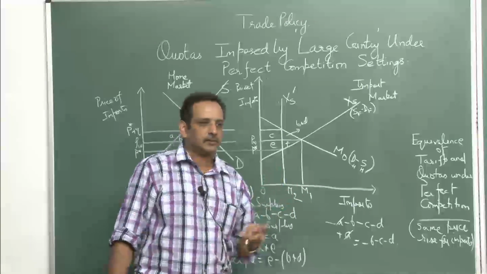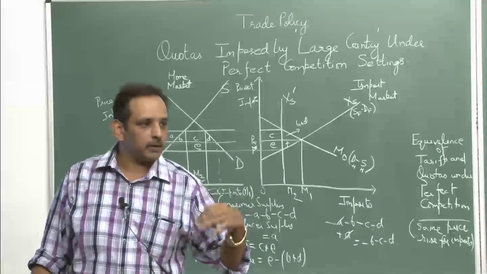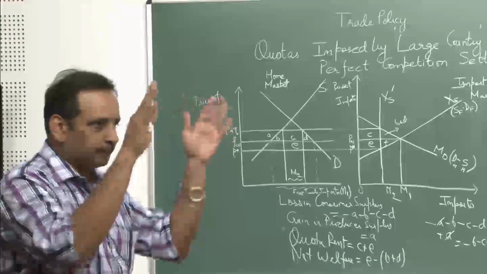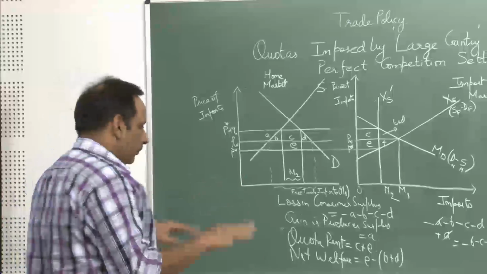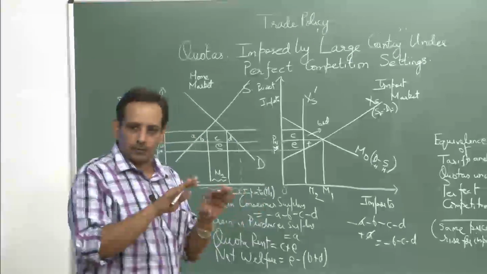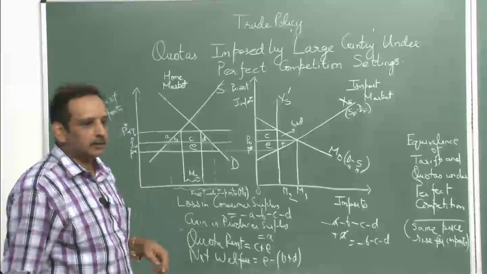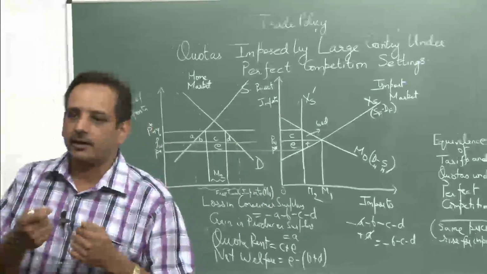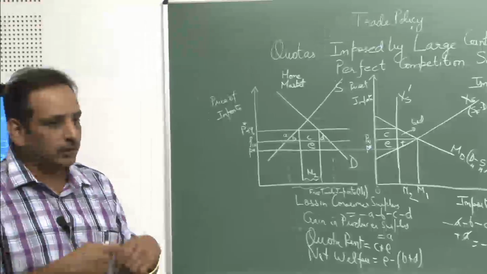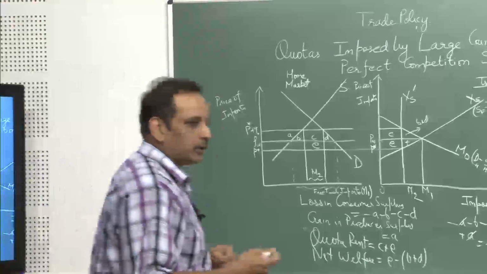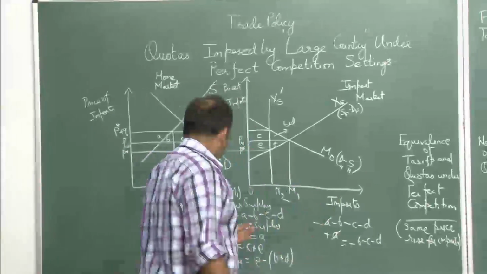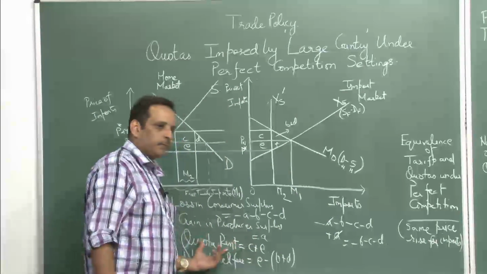So here one can say quotas are more pernicious than tariffs. Then the third case is when the government auctions the license. It's a transparent process of giving the license, but when you do auction, you generate some money for yourself. When the government does an auction, it generates some fees, and those fees can be equal to the quota rents.